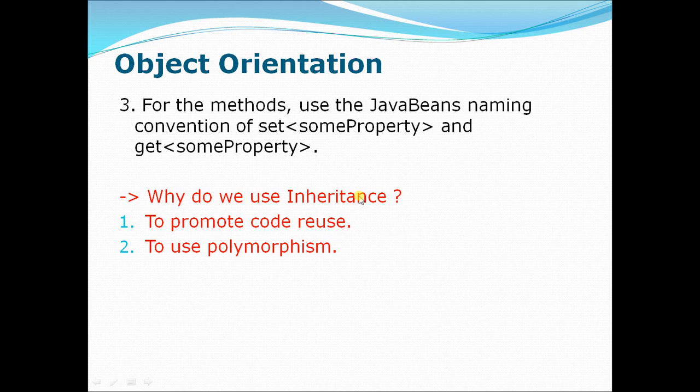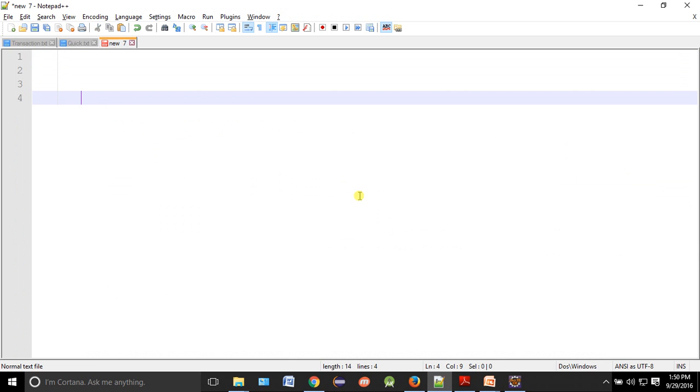Now try to understand. We already studied inheritance a bit. So now why do we use inheritance? Any idea? Reusable code. This is the first point: promote reusability. What is the second point? Because of polymorphism. So what are the advantages of inheritance? In your college, this question is very famous.